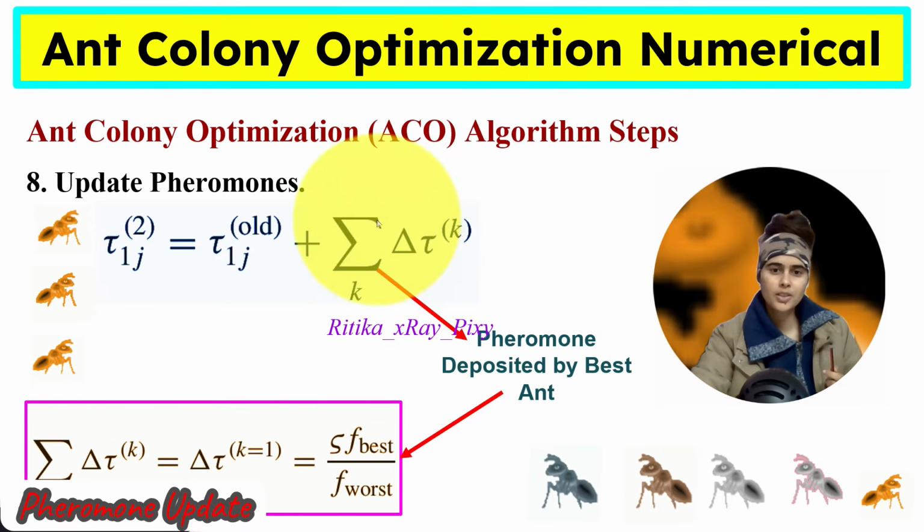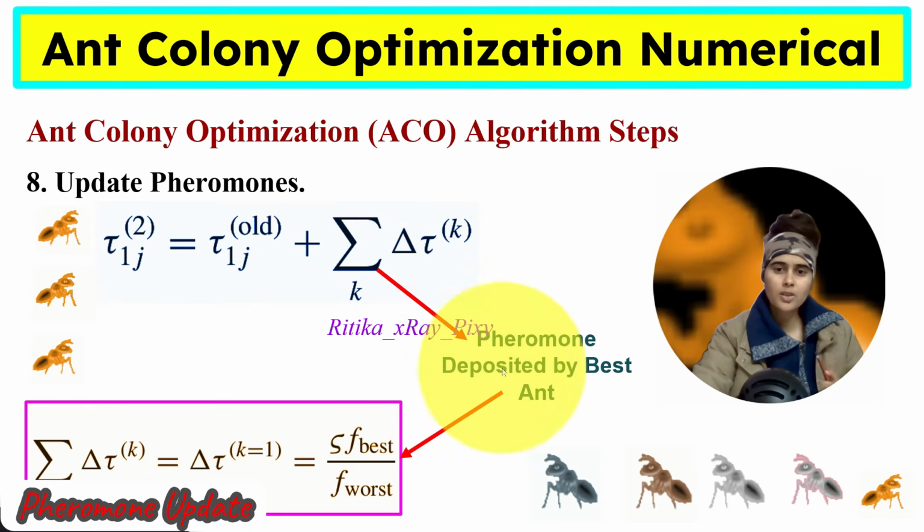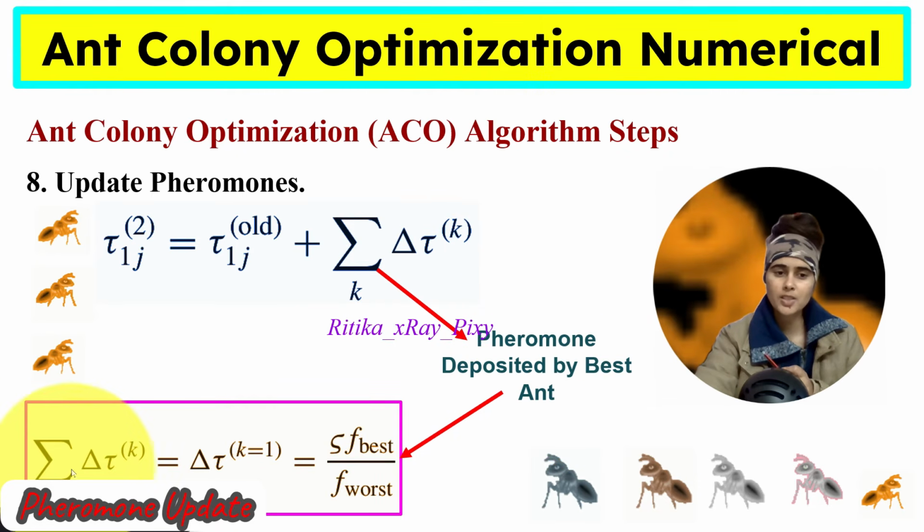After that you can see the summation sign. This is the pheromone deposited by the best ant, that we can calculate using this equation. We have a summation. It represents that if multiple ants take the same best route, then we calculate this using it.